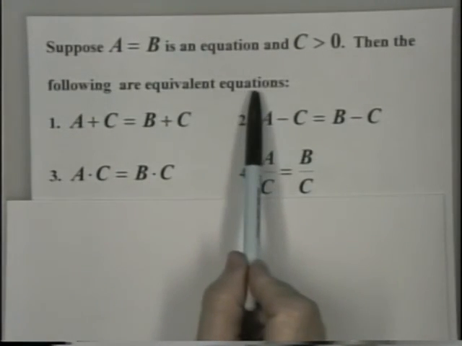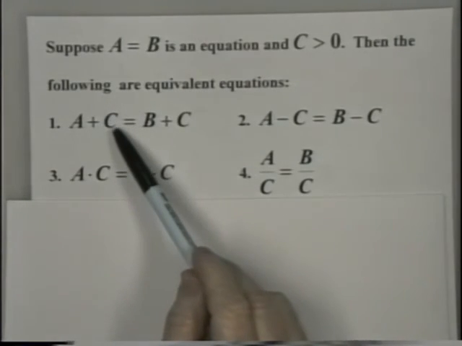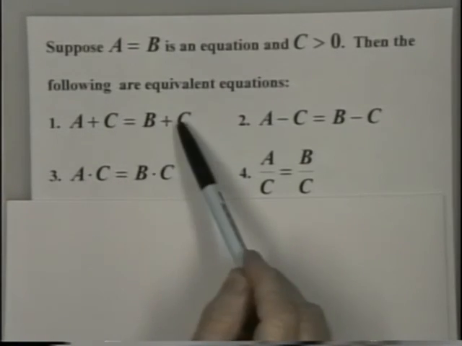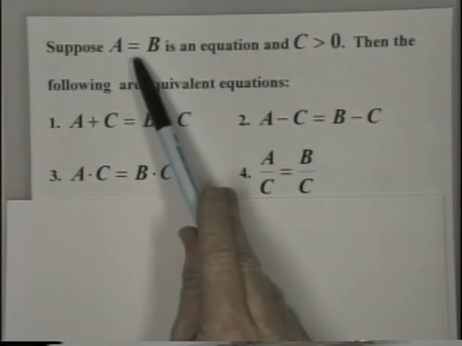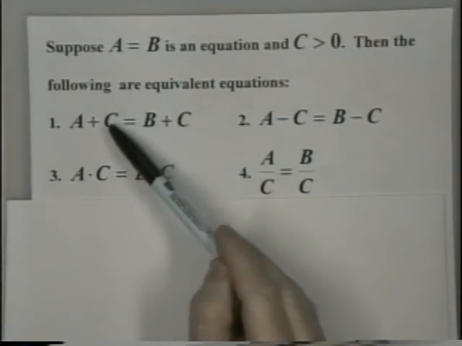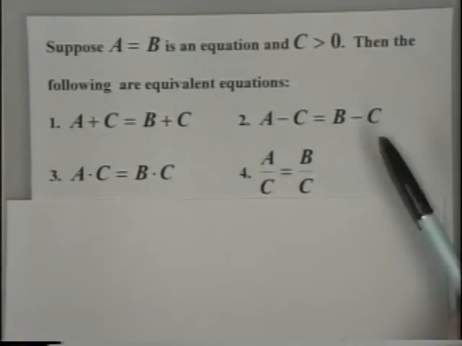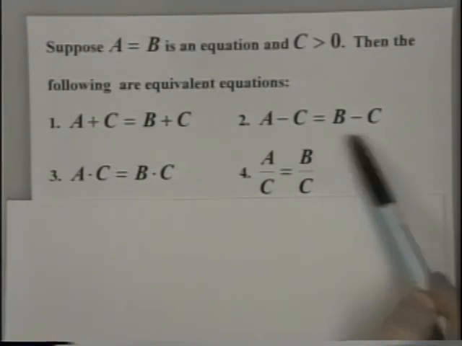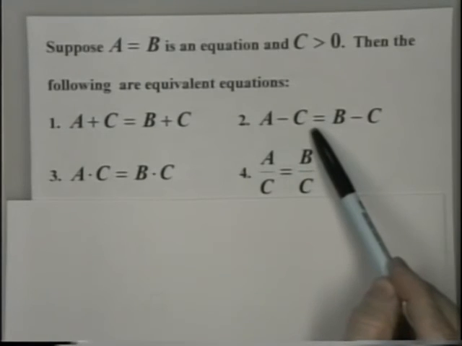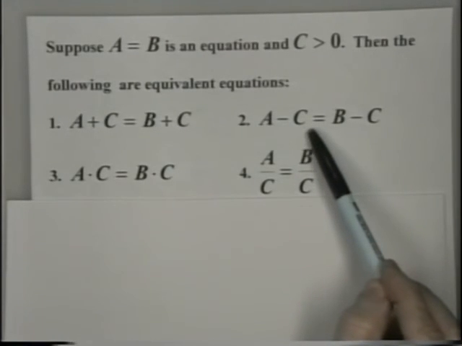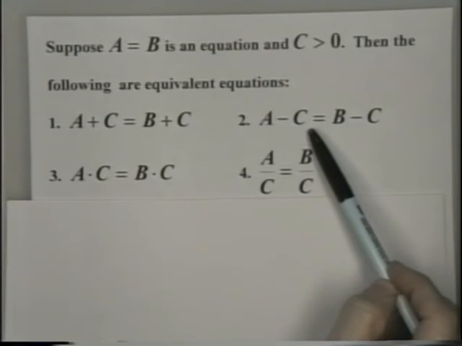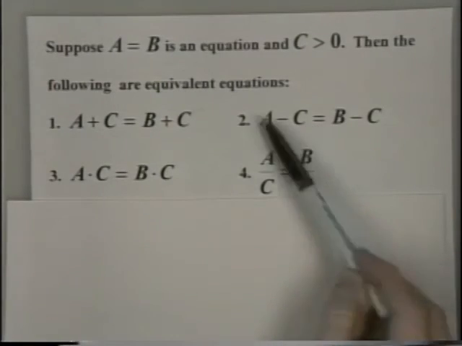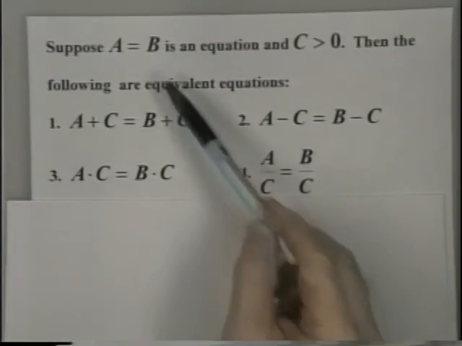Remember, equivalent equation means that the equation I get by adding C to both sides is equivalent to that one, meaning it has the same solution. Or I can subtract C from both sides, and I'm still assured that this new equation will have the same solution as the original one.